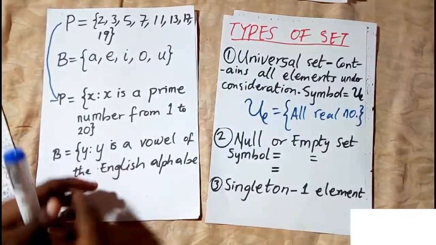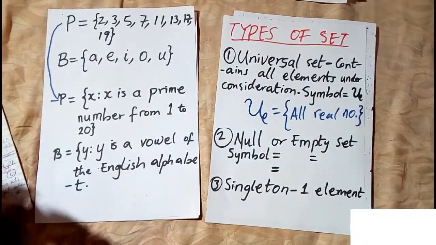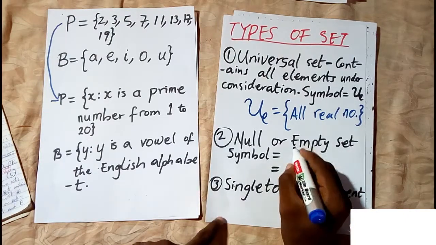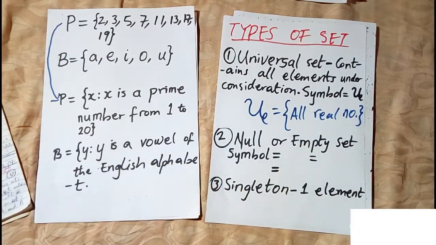So the next one is our null or empty set. A set that does not have any element at all. Let's look at this one.